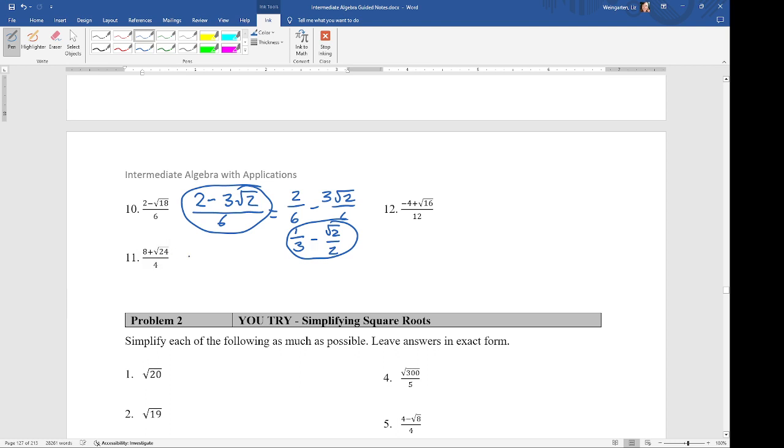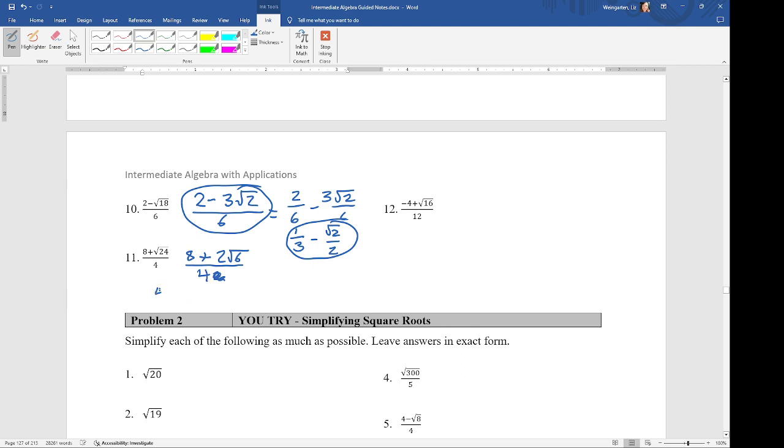8 plus the square root of 24 over 4. We factored the square root of 24 earlier, so I'll go ahead and write that. Now we can simplify further because we can factor a 2. Whoops, that should be a 4. We can factor a 2 out of the top and bottom.